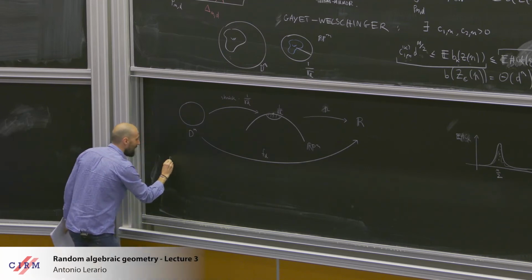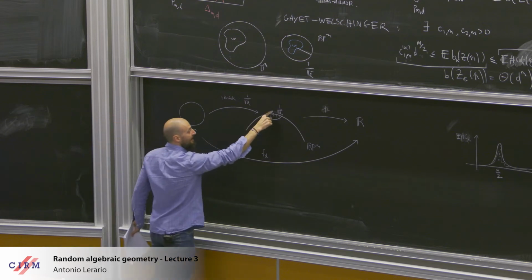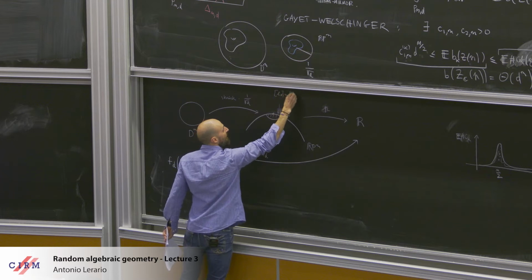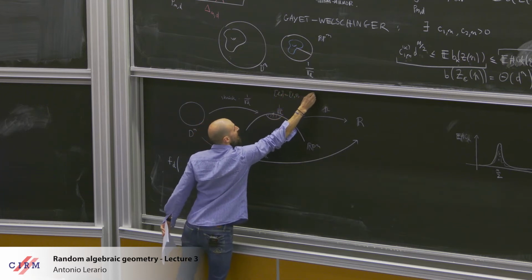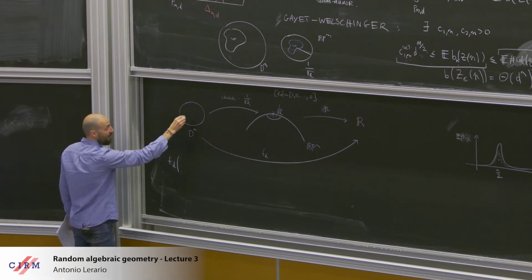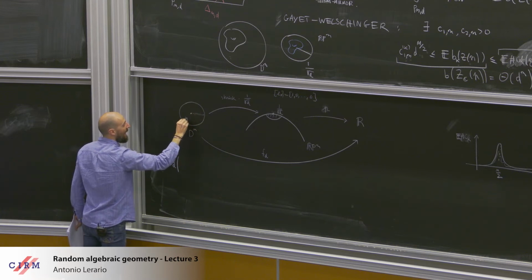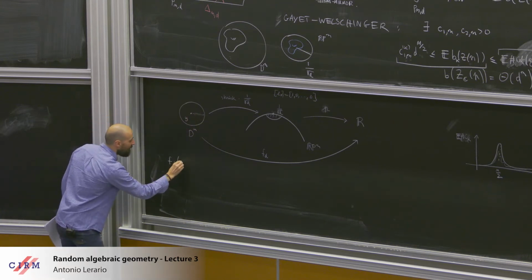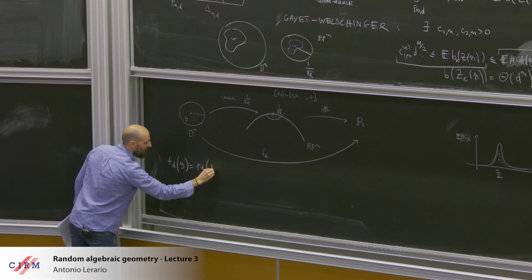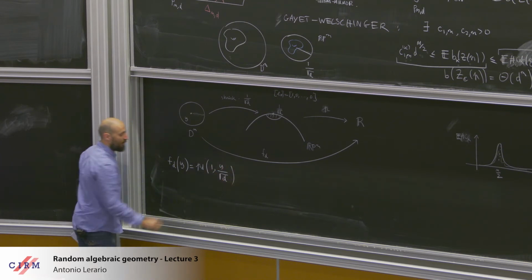So let's write down FD. Let me take as this point, for instance, the point E0, which is 1, 0, 0. Let me expand this map at that point, as a function of this variable, which I call y. So FD of y is essentially my polynomial evaluated at 1 and then y over square root of d.